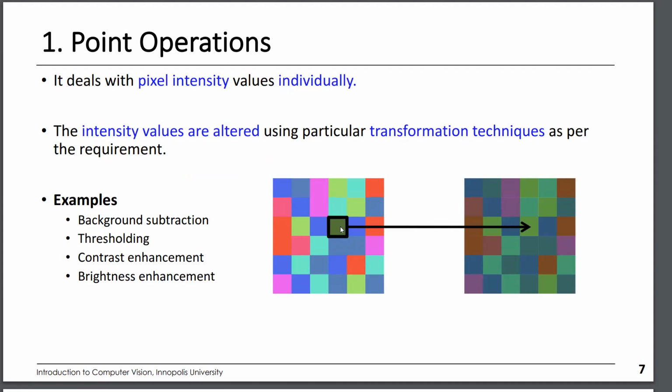I take this value and look only at this value to map its corresponding value on the other side. The intensity values are altered using particular transformation techniques as per the requirement. Examples are background subtraction algorithms, thresholding, contrast enhancement, and brightness enhancement.